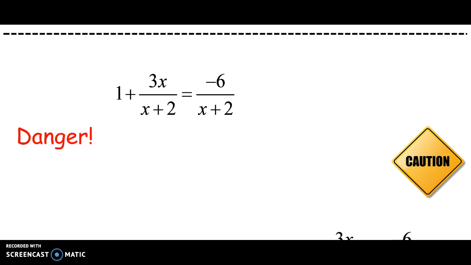Okay, let's see. What did we just do? We cleared fractions by multiplying by the denominator. Well, in this case, that means I'm going to multiply both sides of the equation times x plus 2.